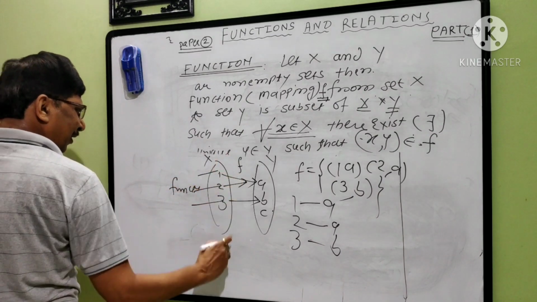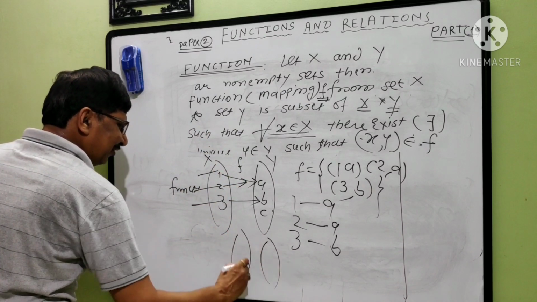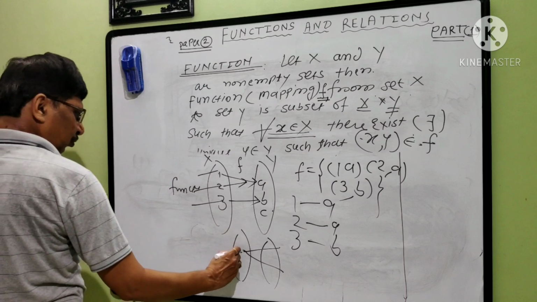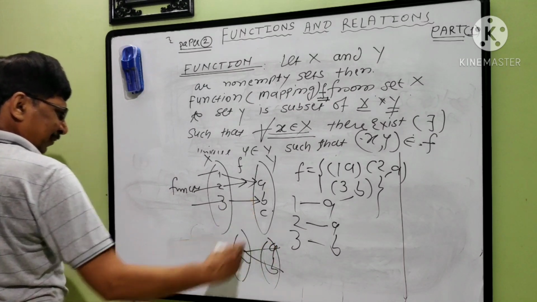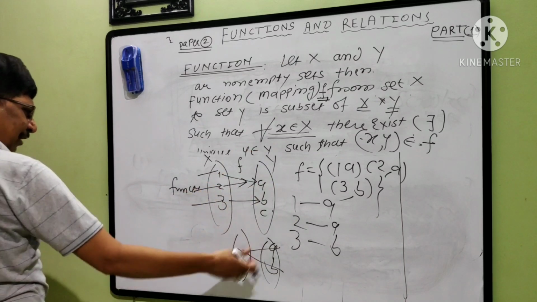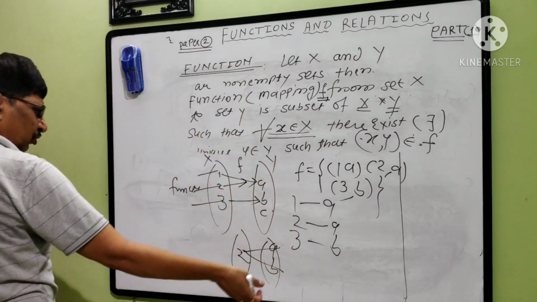But in the previous case, the example was like this: 2 was related to A and B. Means this element is not related to a unique one. 2 was related to more than one.